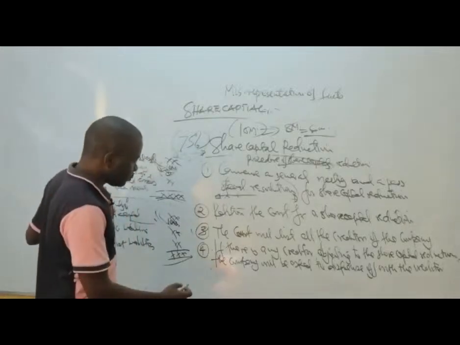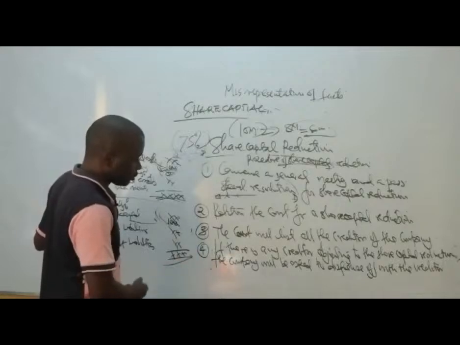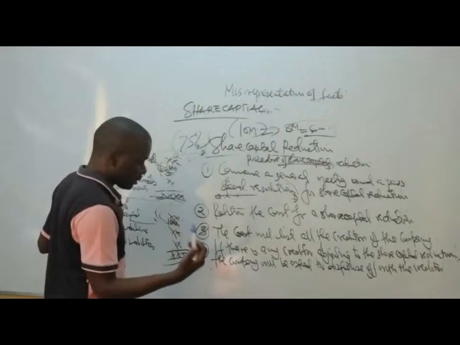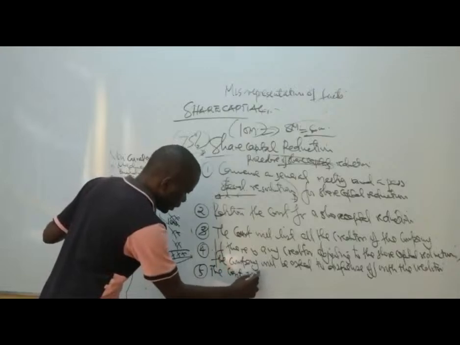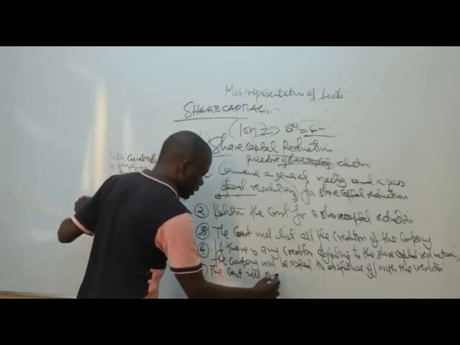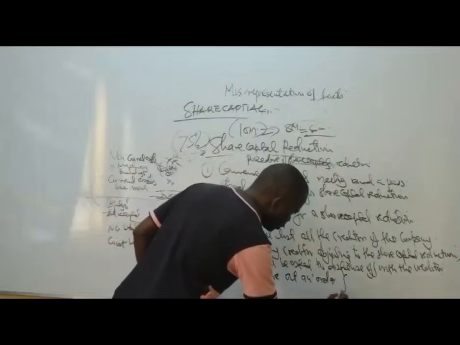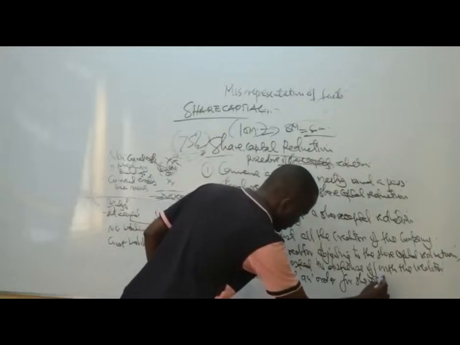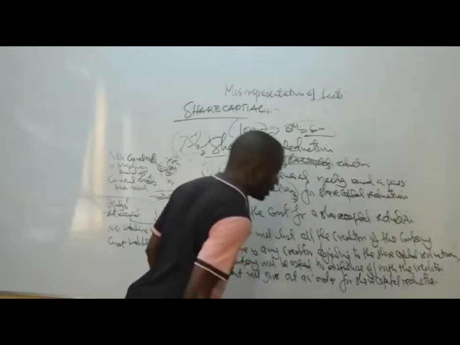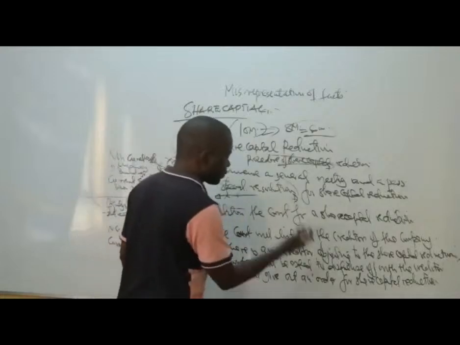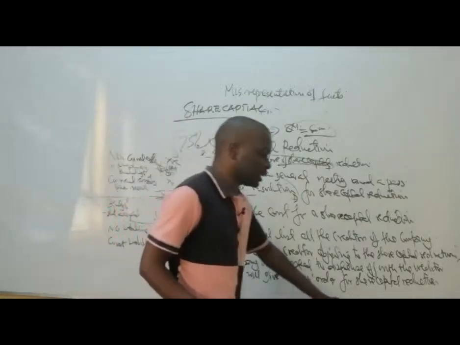Then after the company has done so, the court will give out an order for share capital reduction. So that order by the court will be given out after having dispensed off with the creditors of the company.